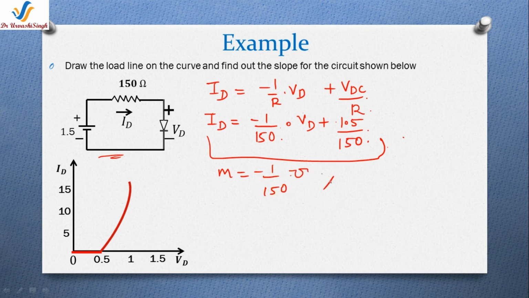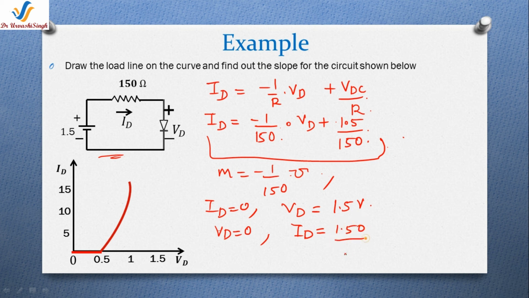Now applying the boundary conditions to find out the 2 points to make the line. The first one is when ID is equal to 0, VD is equal to VDC, that is 1.5 volt. The next one is when VD is equal to 0, then ID is equal to VDC upon R, that is 1.5 upon 150, which is 10 milliampere.